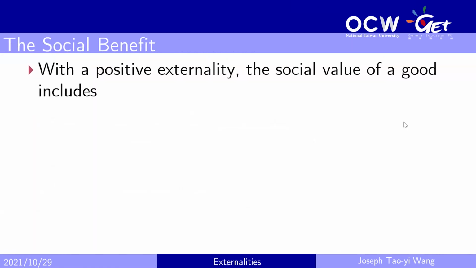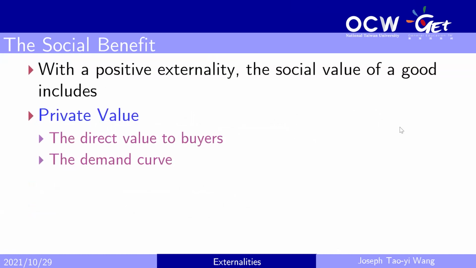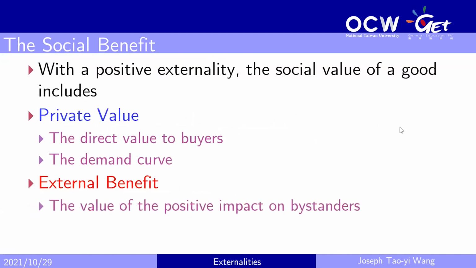So compared to negative externality where we have social cost, here with positive externality, we're talking about social benefit. So the social value of a good includes not only the private value, which is the value to the buyer directly, that's already reflected in the demand curve, but here you have external benefit, the value of the positive impact on the bystanders that is not reflected in the private value.